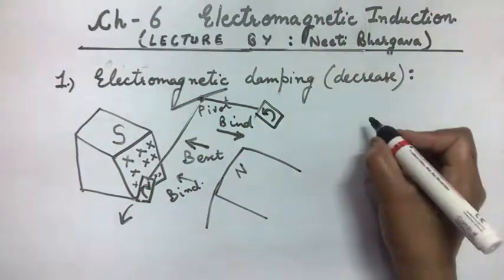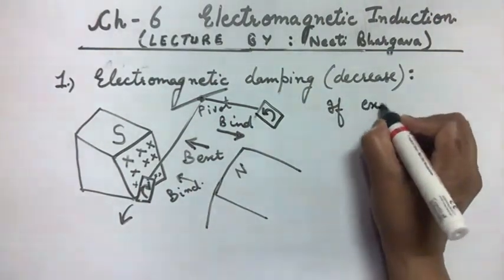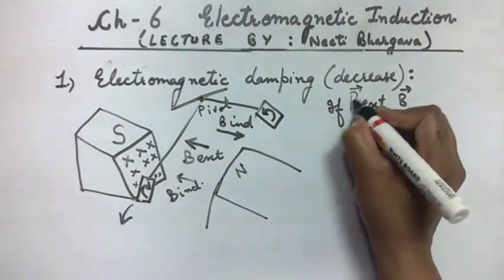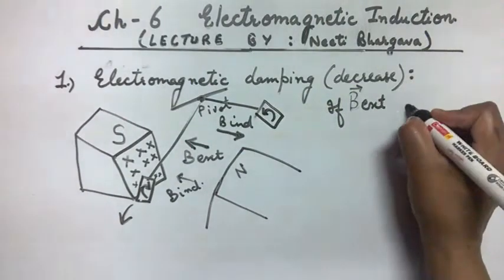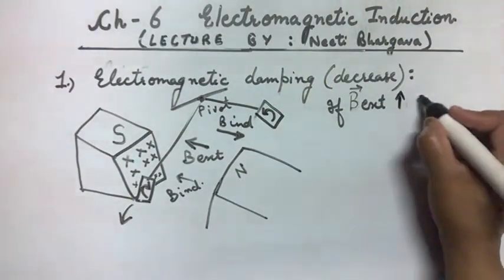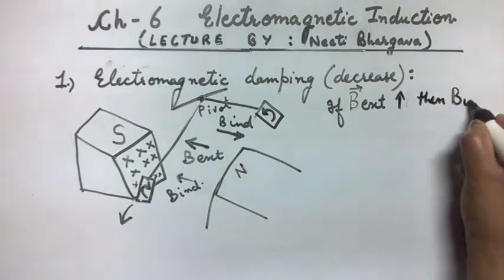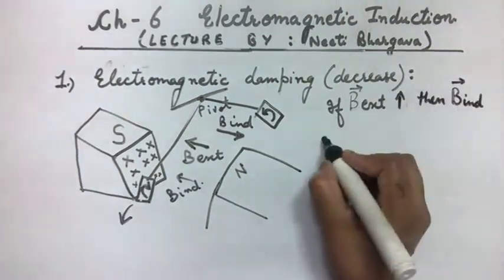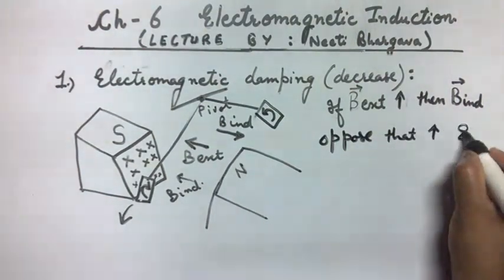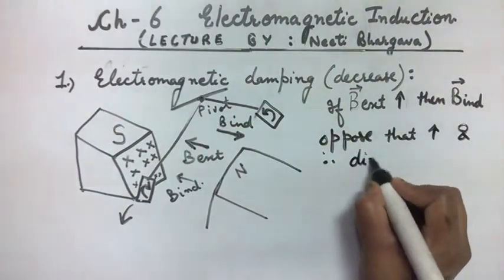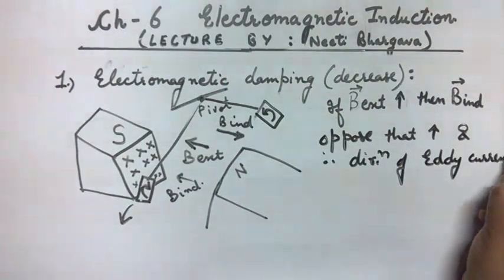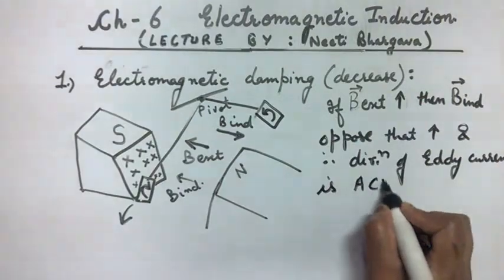Therefore, we can write it this way: if the external magnetic field increases, then the induced magnetic field opposes that increase, and therefore the direction of the eddy current is anti-clockwise.